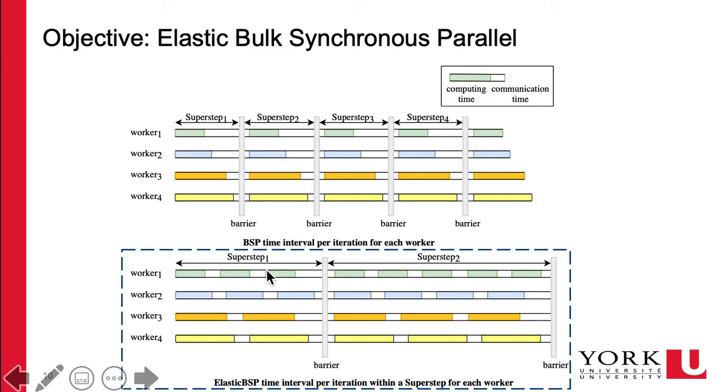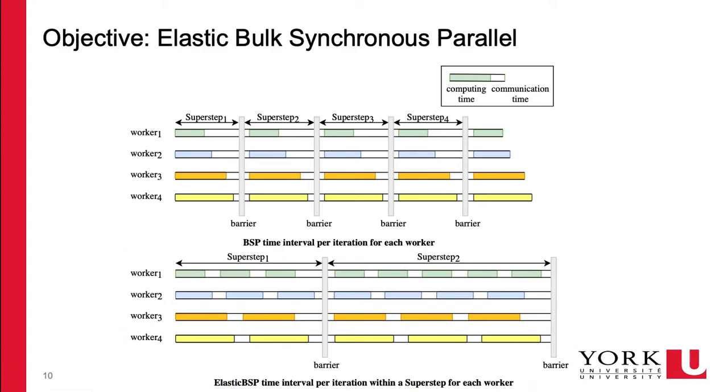Say in super step 1, worker 1 has 3 steps, while in super step 2, worker 1 has 5 steps. That means at each step, they still send the gradients to the server, but the server doesn't synchronize all the workers. The synchronization only happens between the super steps.